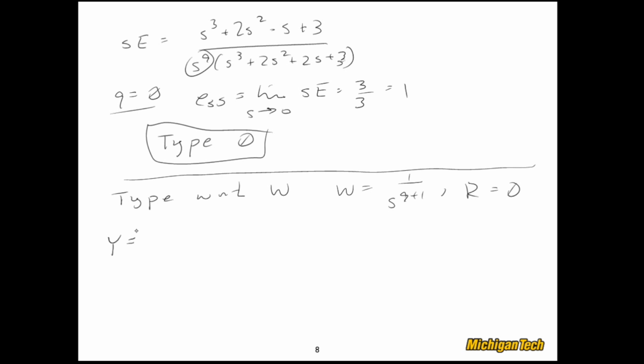So y is equal to 3s over s to the q plus 1, s cubed plus 2s squared plus 2s plus 3. And my error, which is always the reference minus the output, is actually equal just to the negative of this same expression.